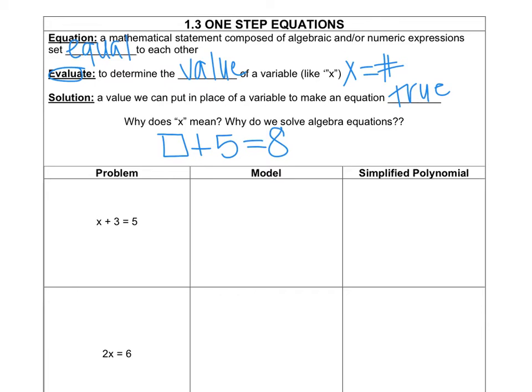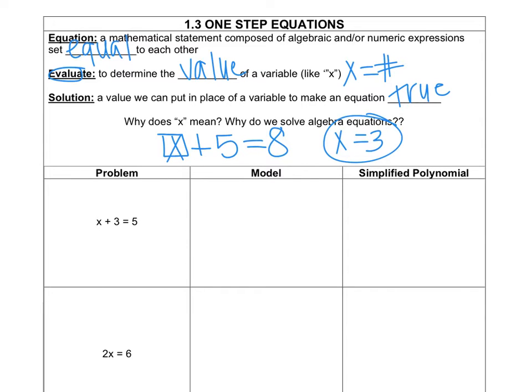So as we get older and move into high school, instead of just saying what's that something or making it as a shape, we call this something missing as x. So anytime you see a variable, it's actually representing something that we don't know yet, that we're trying to figure out what it is, okay? And we can work algebra to figure out what that x is as a number. So if we did this and solved it, we would know, well, 5 plus 3 would have to equal 8, so x would have to be 3.